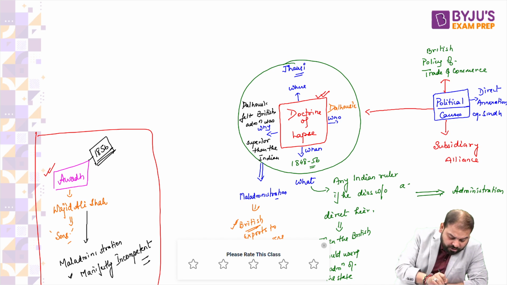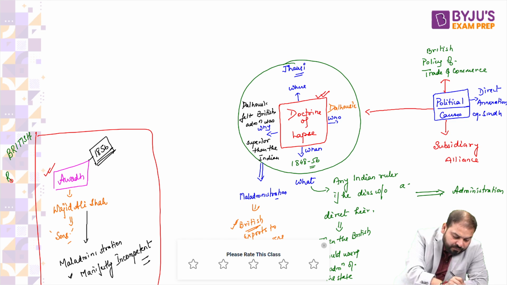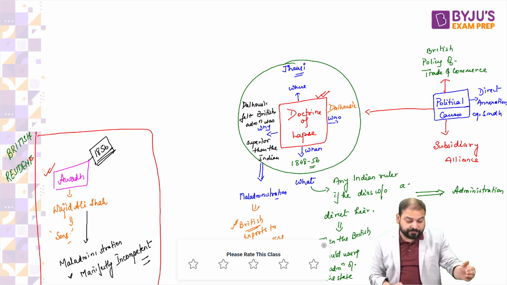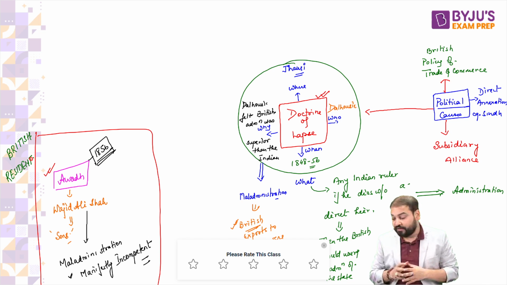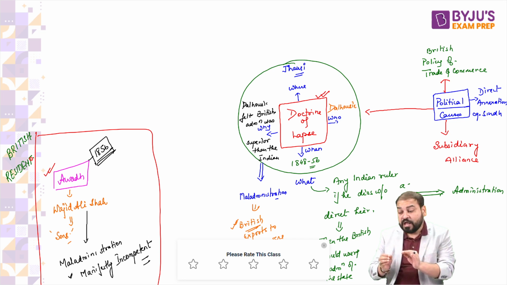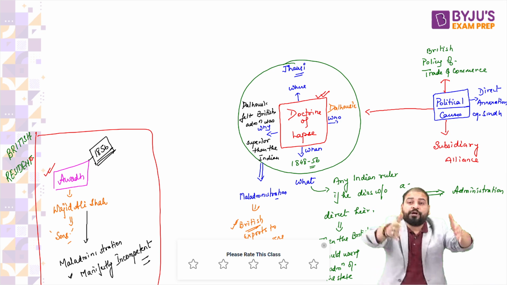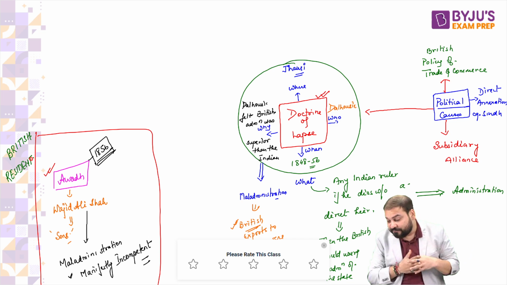Did we study that once you sign the subsidiary alliance, there will be a British resident who helps the Indian ruler in managing this area? For example, I am a British man who was appointed to help Wajid Ali Shah. Everyone is saying yes.